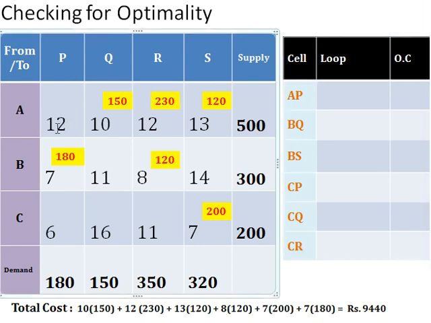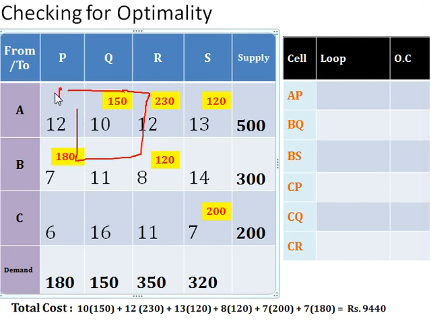So starting from this cell AP, what is the loop we can trace? Let's see. If we start from here, then we cannot take turn from here, skipping this, coming here. Yes, we can take turn here, and from here again here, and this is our loop completed.